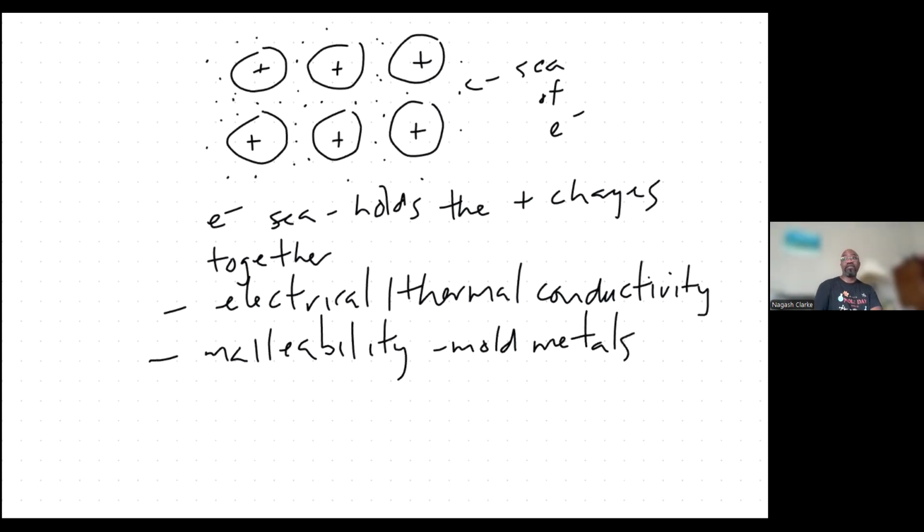Some metals even melt at low temperatures, like cadmium. You can mold cadmium in the palm of your hand. Also, ductility: you can stretch metal into a wire.